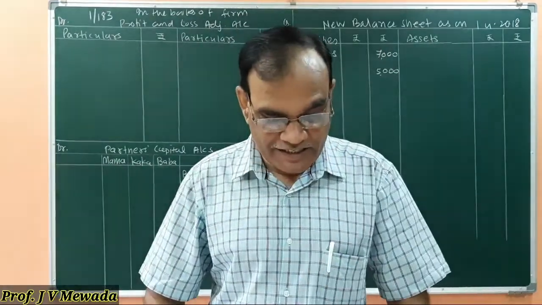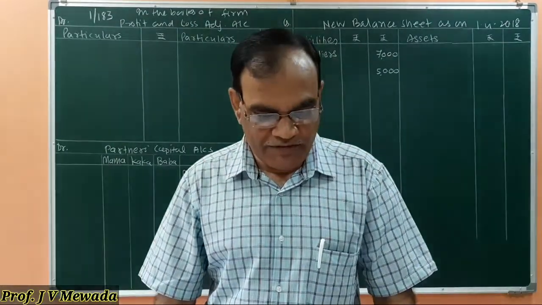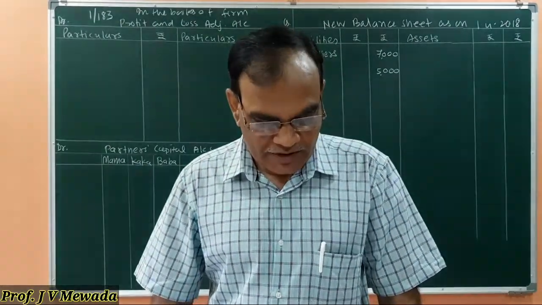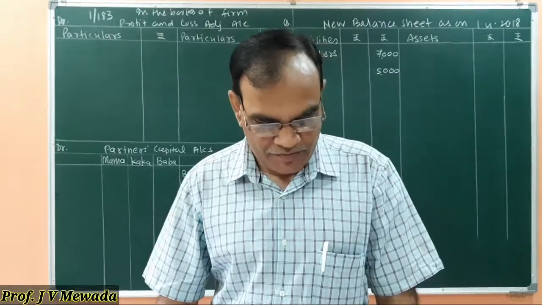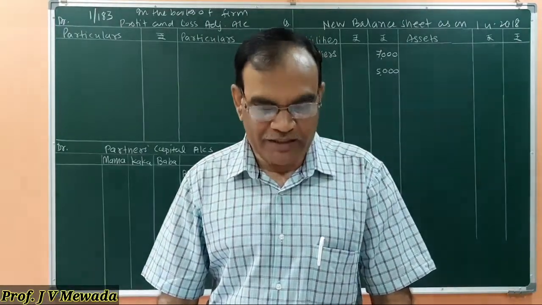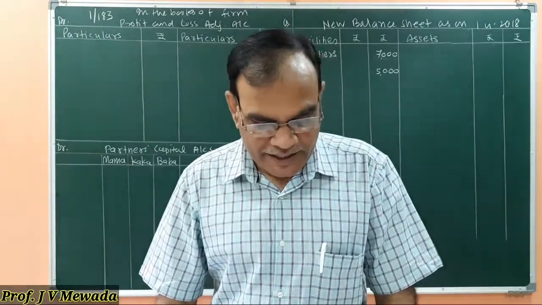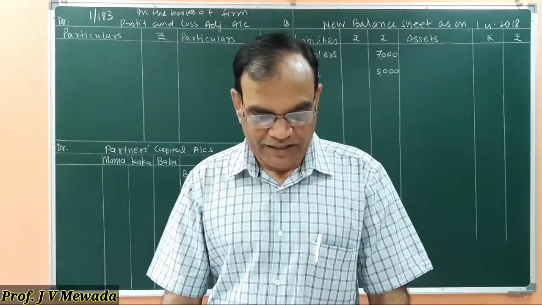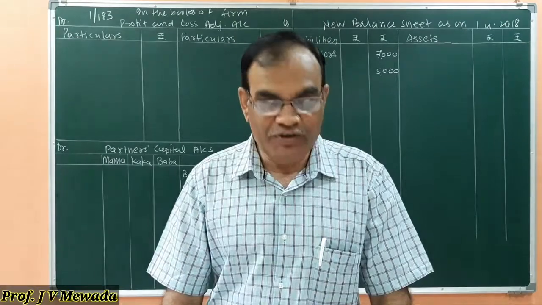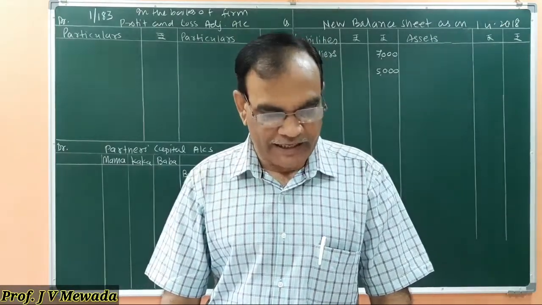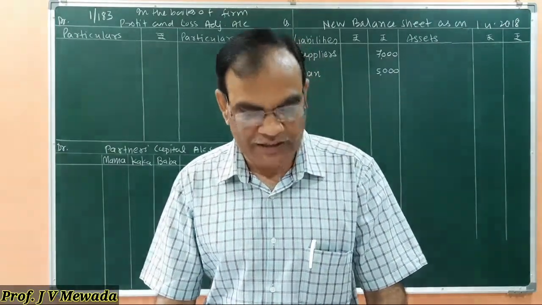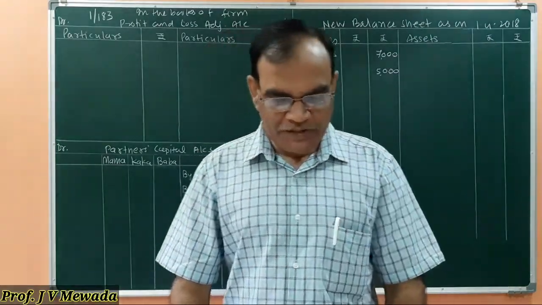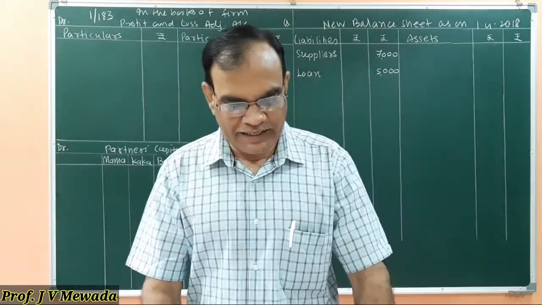Now we will see the asset side. On asset side we are having cash, then we are having debtors. So cash we are going to write afterwards. Debtors we are having 5,000 less RDD 500. If we will refer to the adjustments, we are told that RDD is no longer necessary. So that is why there is no adjustment in the debtors.